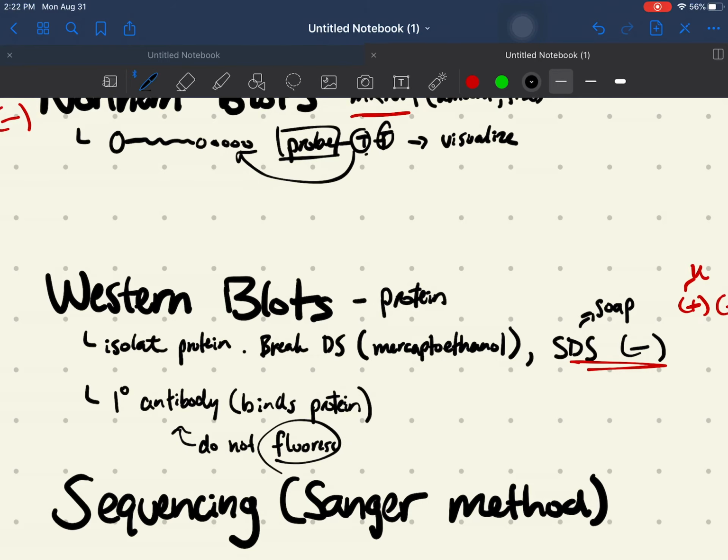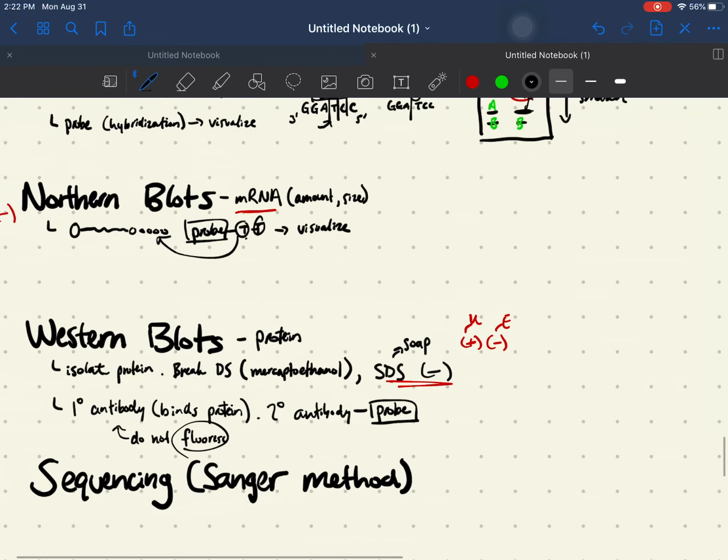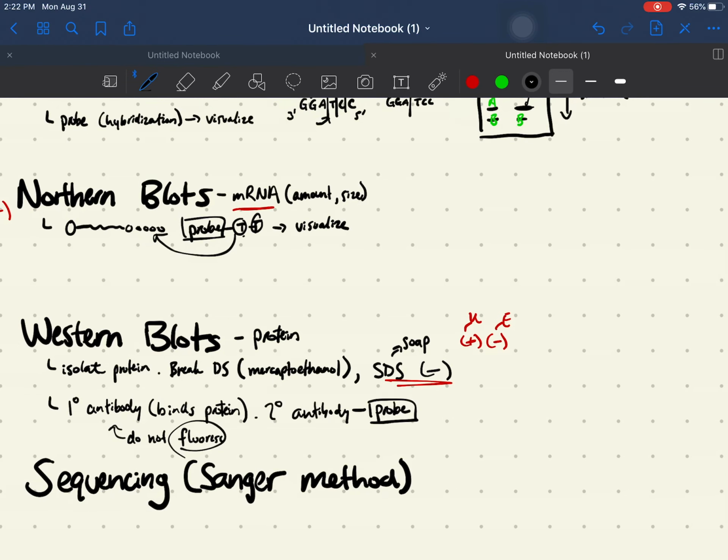Anyways, you're going to have typically a secondary antibody that you add on that's going to bind to that primary antibody, but this one is going to be attached to a fluorescent probe, okay? So you can actually visualize your protein.